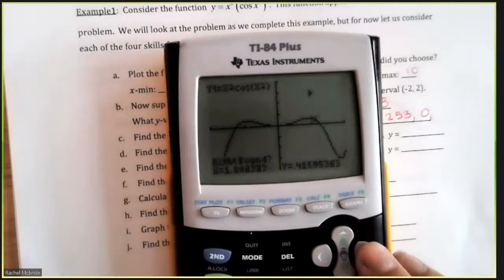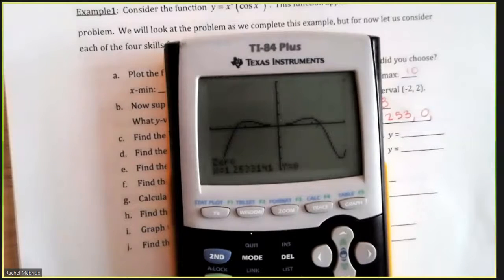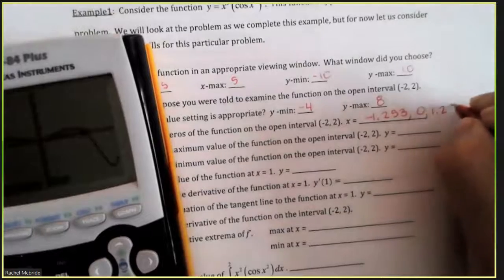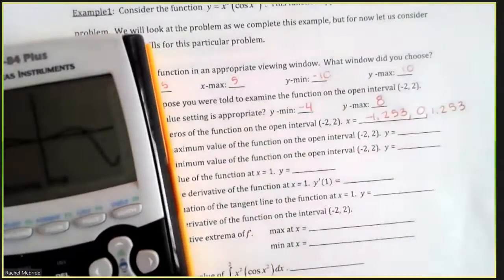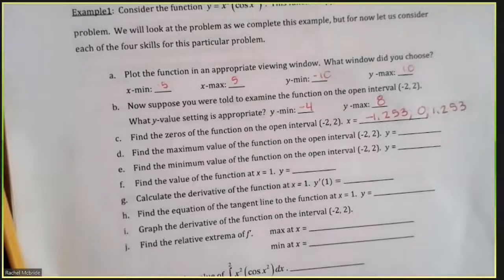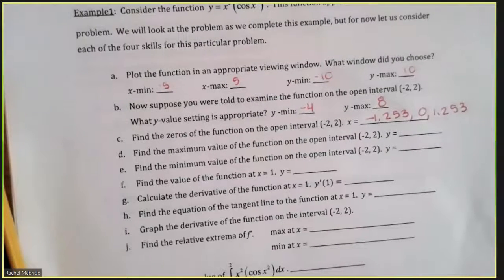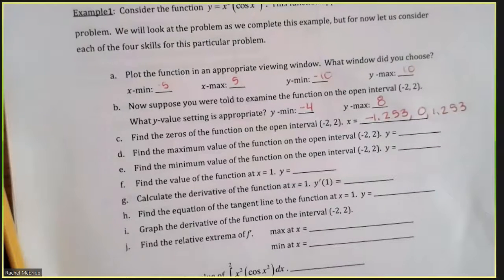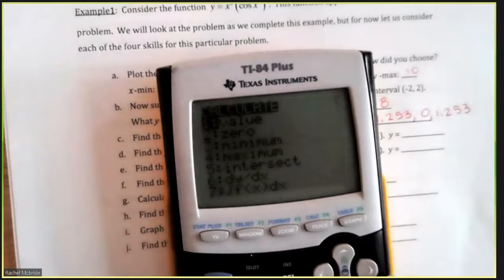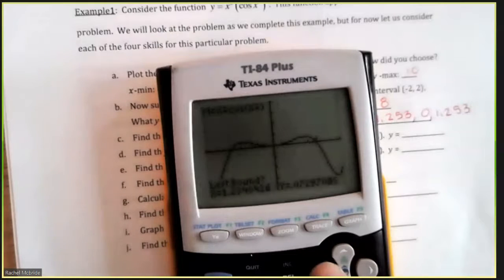Then we're going to go over here and find the other one. The graph's symmetric, so I'm going to guess it's at positive 1.253. So I have 3 zeros of my function. Then it says find the maximum value of the function on the open interval. The max in this case, again, we're not finding it with the derivative, we're talking about the max on the actual graph.